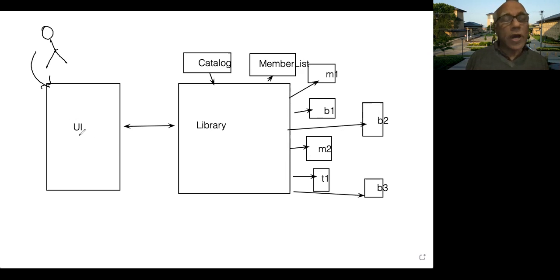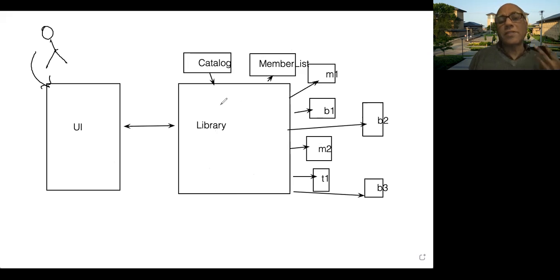As far as the UI is concerned, all that the library is offering is a bunch of methods. So the UI is interacting with a system, a set of complicated network of objects through well-defined methods. And the UI doesn't care about anything else.